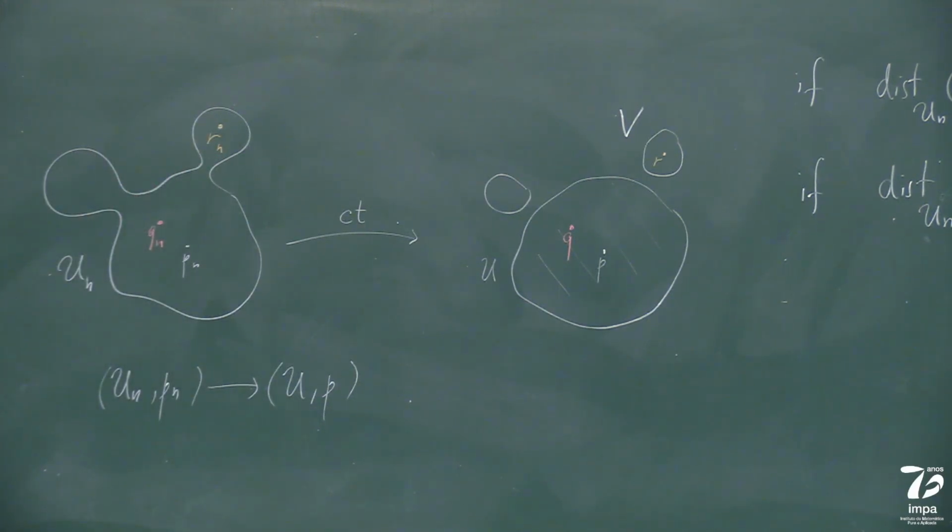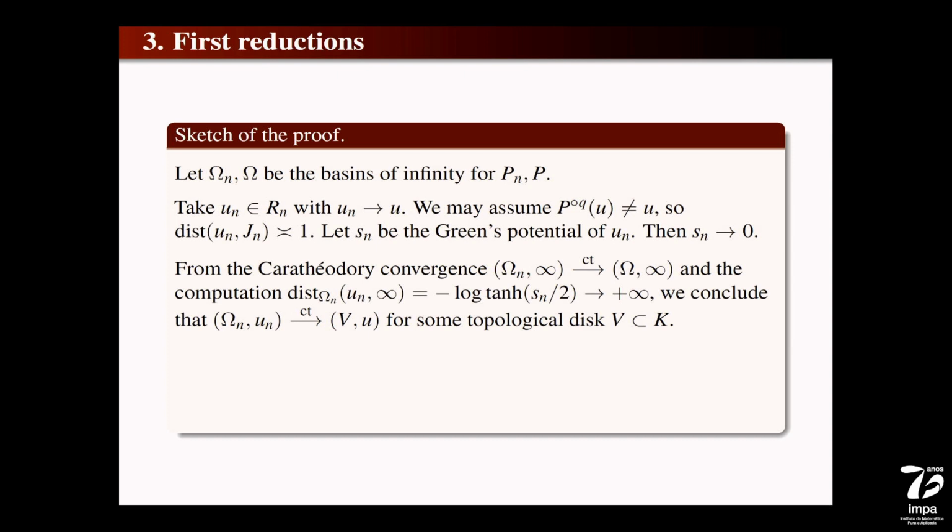So when I go to a limit, it follows that when I replace the base point infinity with the base point un, this sequence, omega n un, goes to some Carathéodory limit, V, u, where V is disjoint from the basin of infinity. Therefore, V is a disk inside the filled Julia set. So this is the construction of that neighborhood V.